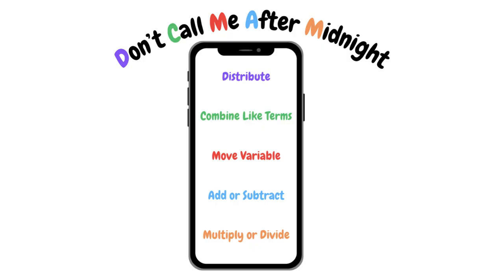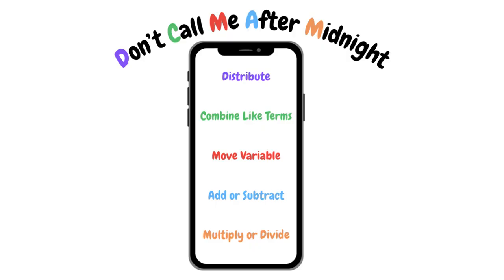If you notice, it's color-coded. If you want to highlight and color yours on your notes, you are 100% welcome to. In the don't, the D stands for the distributive property. We have to make sure the distributive property gets done. The call stands for combine like terms.